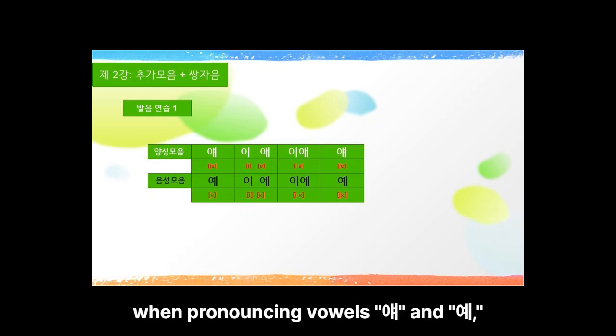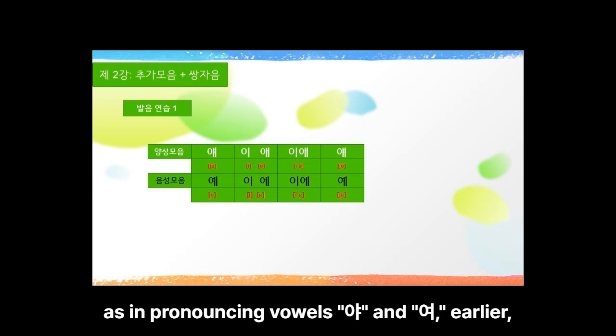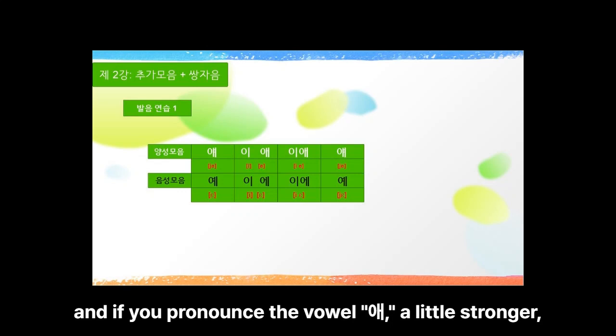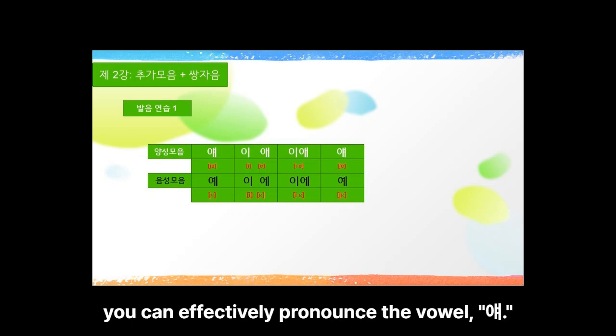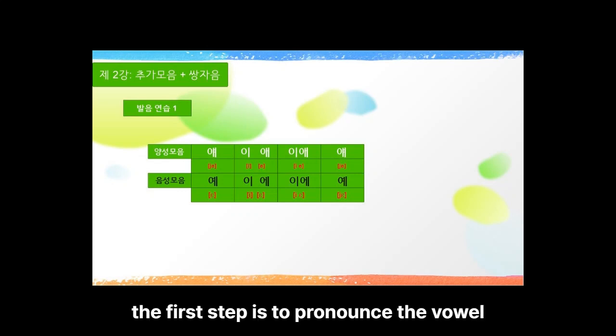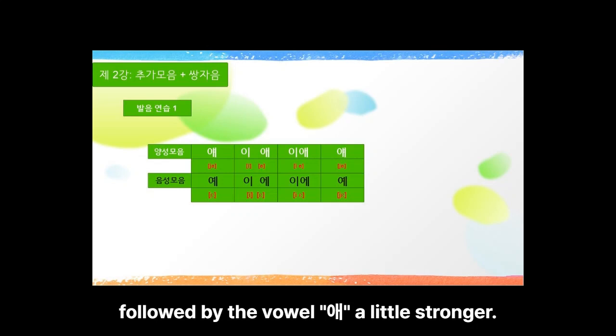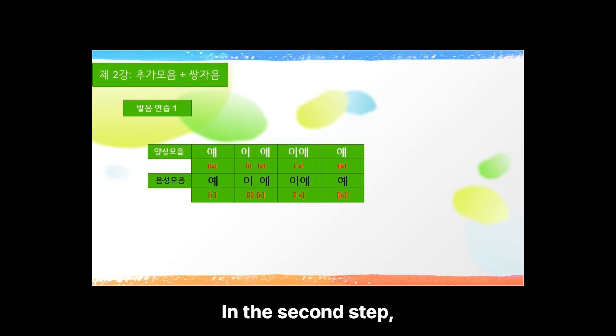At this time, when pronouncing vowels ye and ye, as in pronouncing vowels y and yo earlier, if you pronounce the vowel e short and weak, and if you pronounce the vowel a little stronger, you can effectively pronounce the vowel ye. For example, the first step is to pronounce the vowel e short and weakly, followed by the vowel a little stronger. In the second step, pronounce the vowel e and as fast as one word.